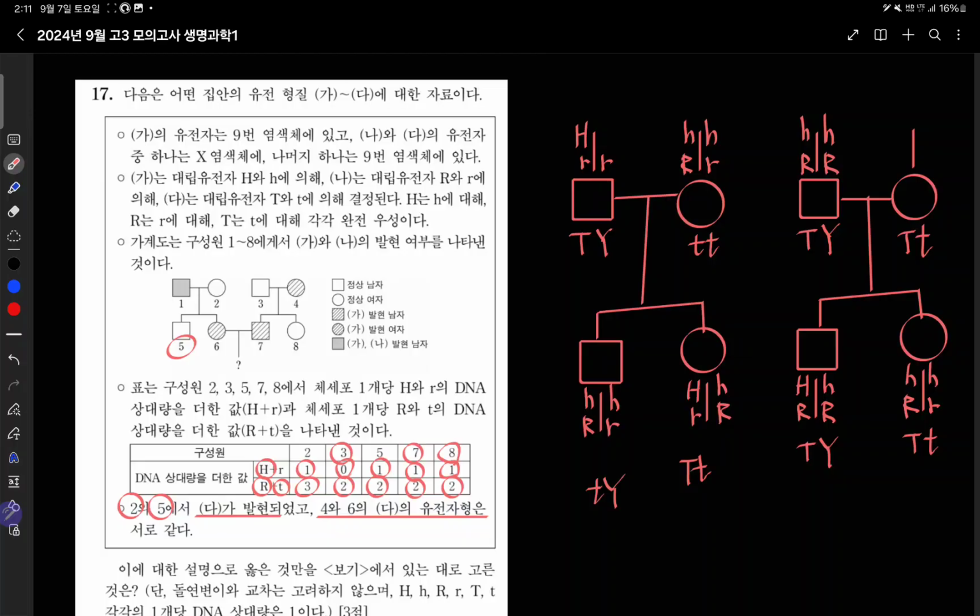And then for this chromosome, he needs to receive this chromosome from his father. So individual number 1 is heterozygous for the first trait.